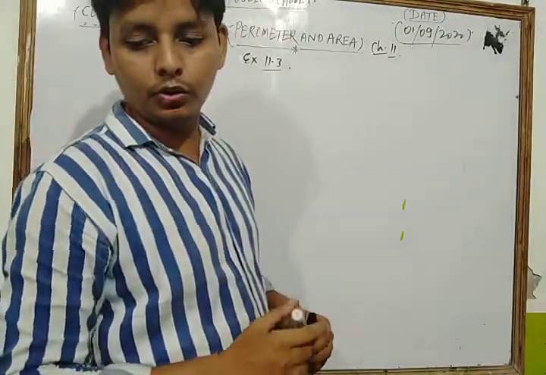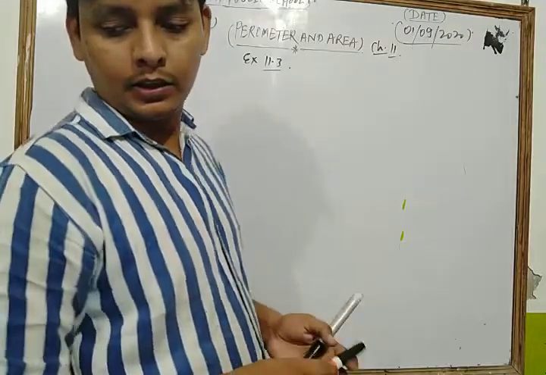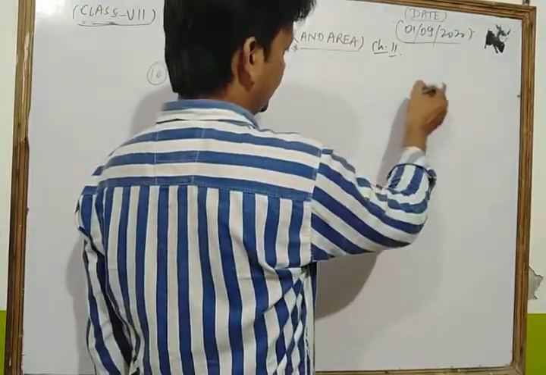In this question, a circular card sheet of radius 14 centimeter is given.